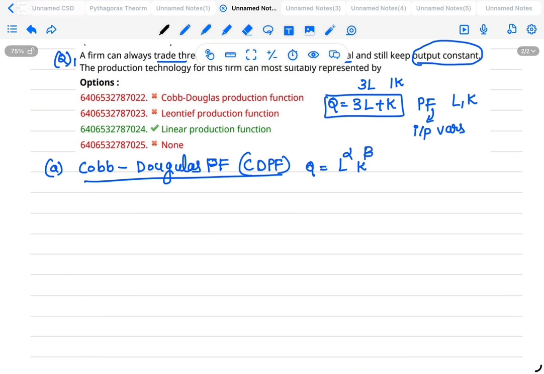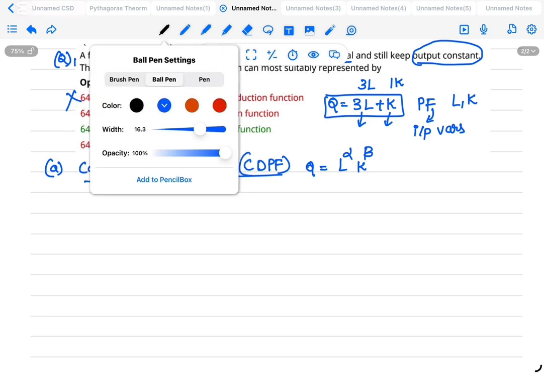Alpha and beta are the elasticities of labor L and capital K. So it is a power function. This is not the Cobb-Douglas production function, because the given question is 3 times L and 1 times K, so it is not in this form. This option is not correct.